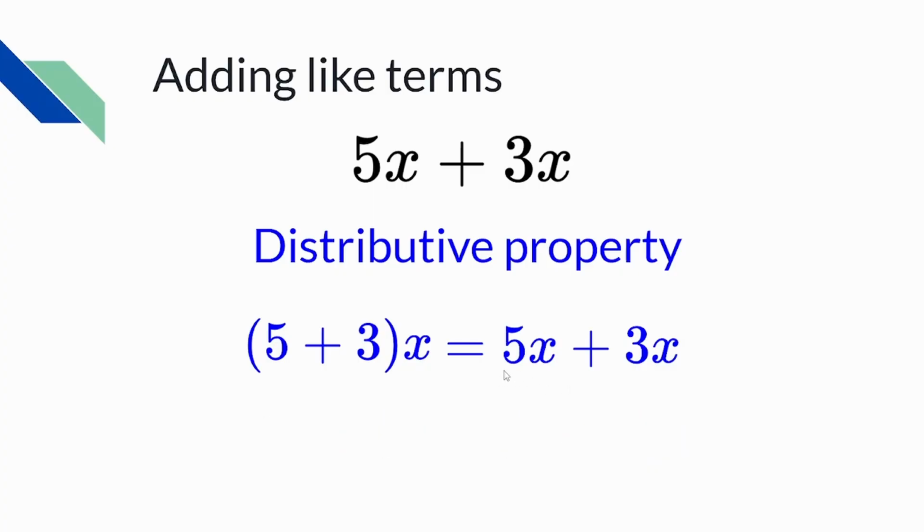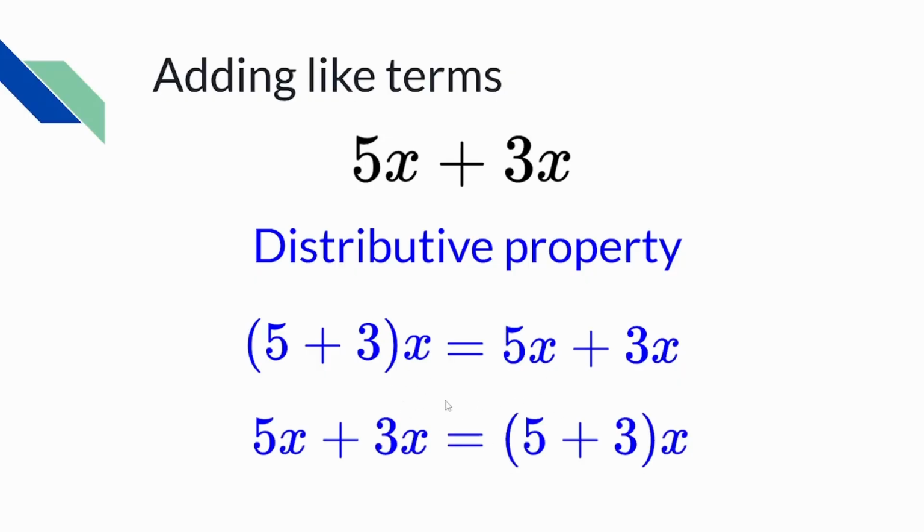Let me go back one step. The next thing I want to do is swap the left and right hand sides. I can do that. There's nothing that says I can't. The equality still holds. So I have 5x plus 3x equals 5 plus 3 times x.